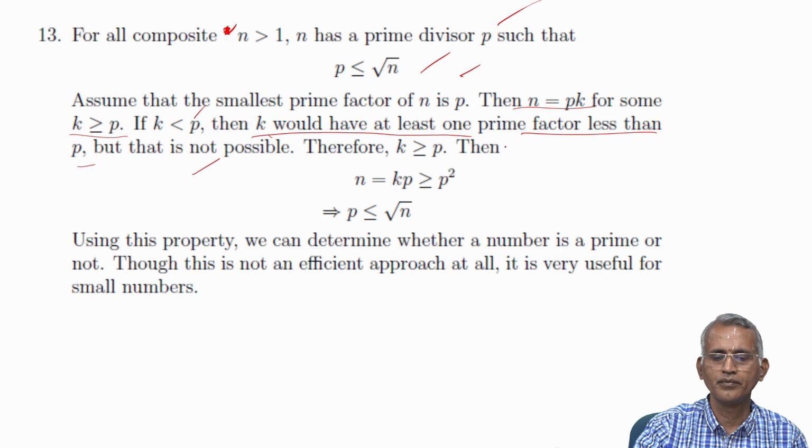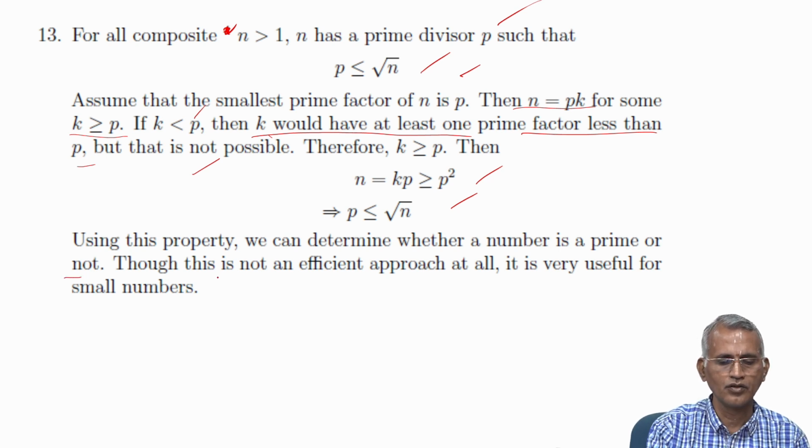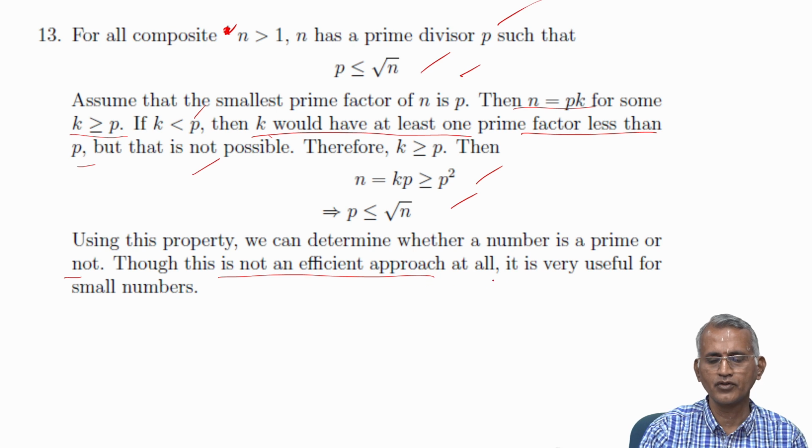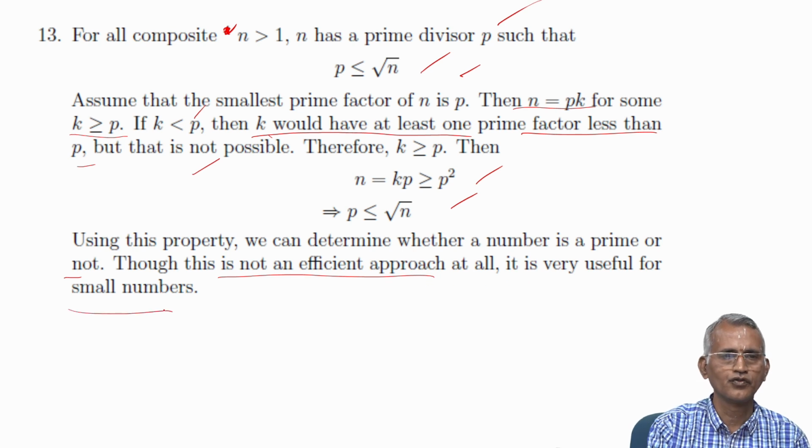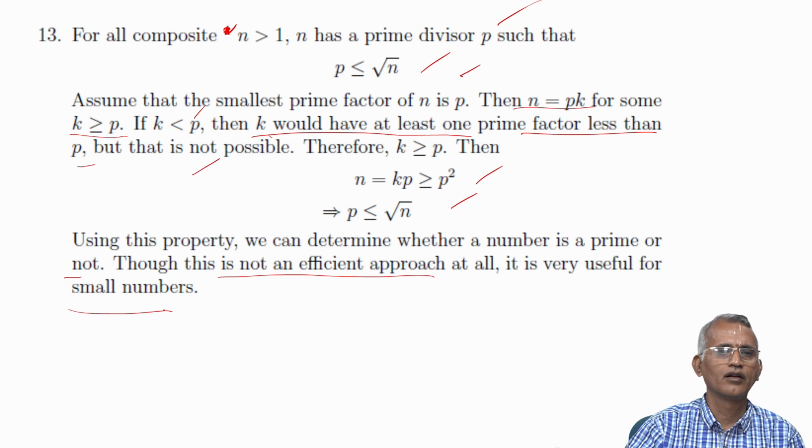Therefore, k is greater than or equal to P, which implies n equals kP is greater than or equal to P square, so P is less than or equal to root n. Using this property, we can determine whether a number is prime or not. Though this is not an efficient approach at all, it is very useful for small numbers.